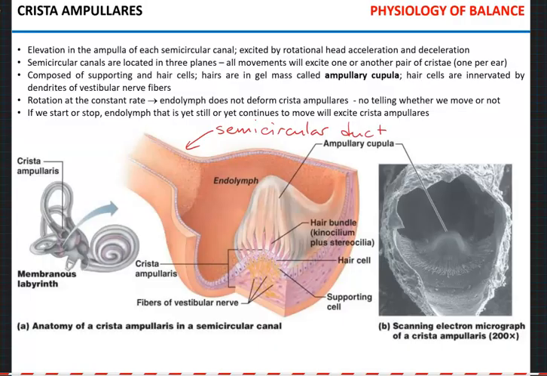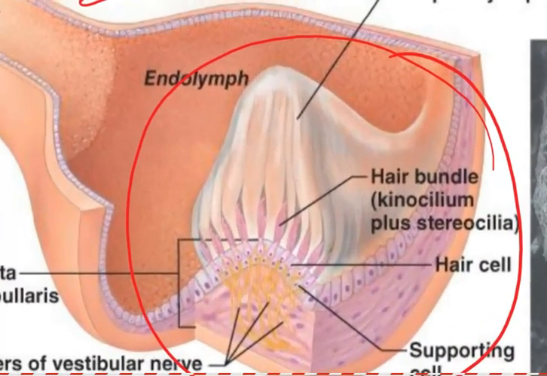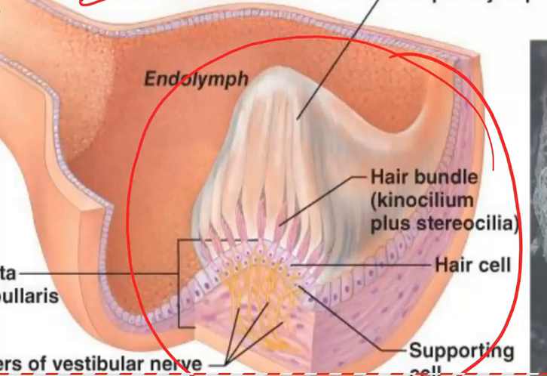So in the duct, there is a receptor called crista ampullaris. So this whole thing is crista ampullaris. Now, if we enlarge that image, you see again that these are your old pals, the hair cells with all those stereocilia.